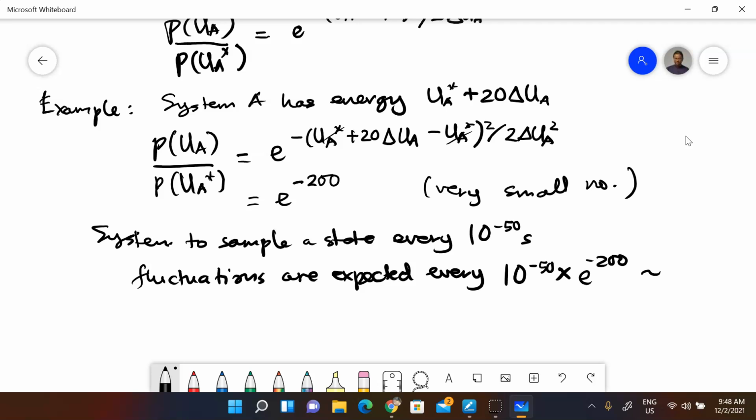If one works this out numerically, this is about 10 to the 38 seconds, which is greater than the age of the universe.